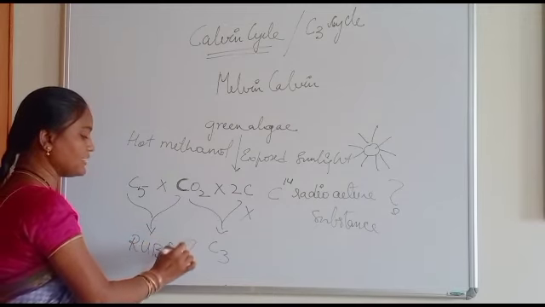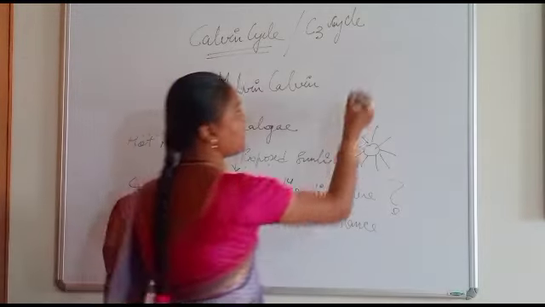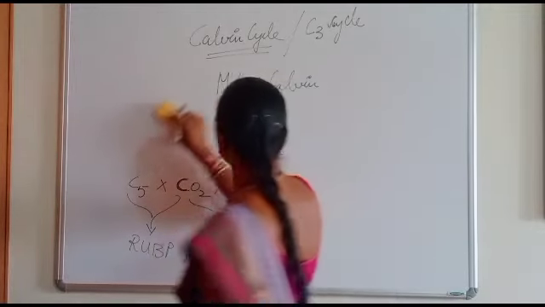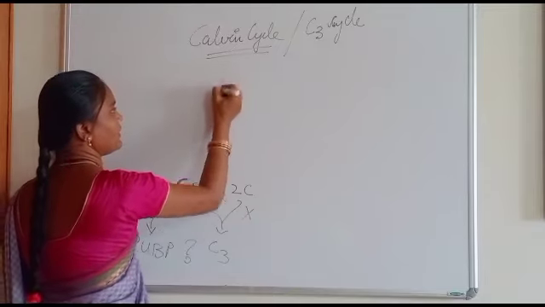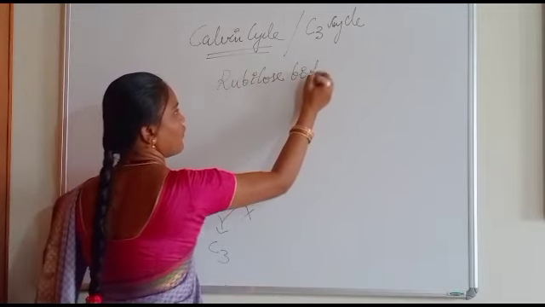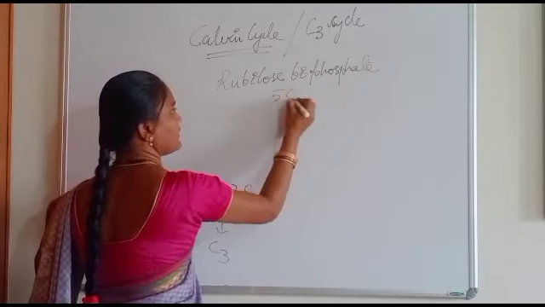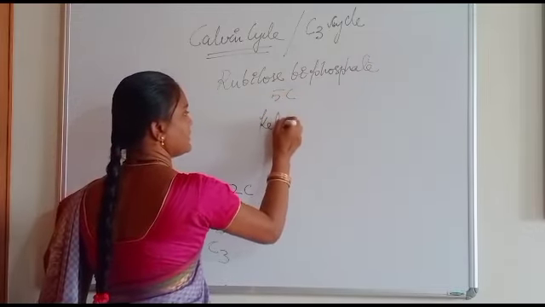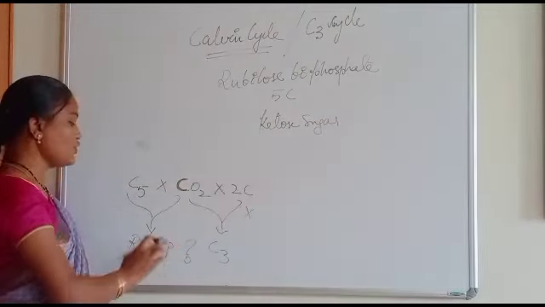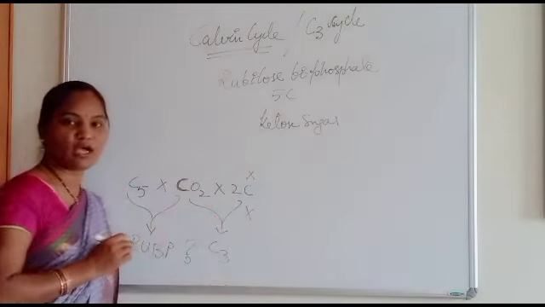This compound is RUBP. What is this RUBP? RUBP is ribulose bisphosphate. It is a 5 carbon containing compound and a ketose sugar, which reacts with carbon dioxide, but not with a 2 carbon containing compound.